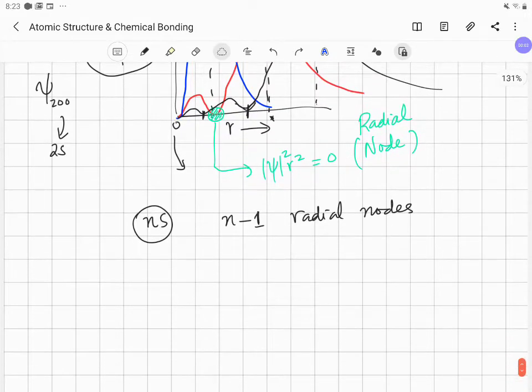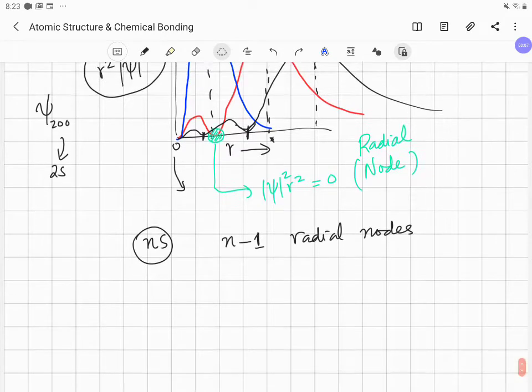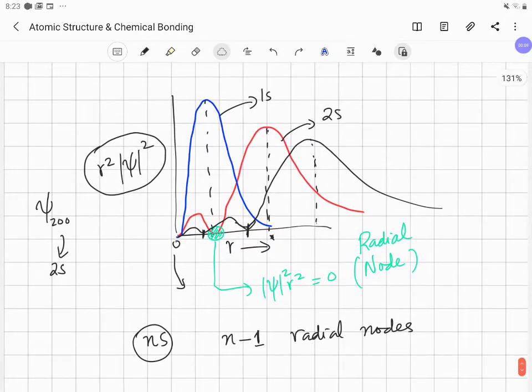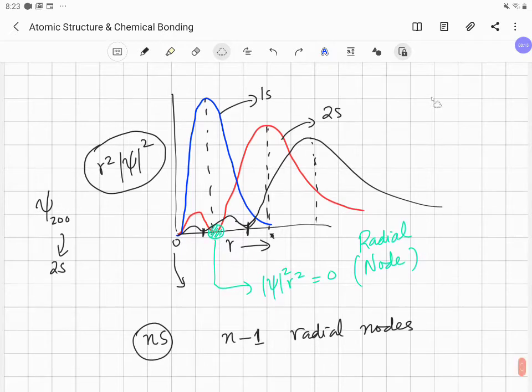Welcome back. In the last class, we were discussing how to plot radial distribution functions, that is, the radial part of the wave function.